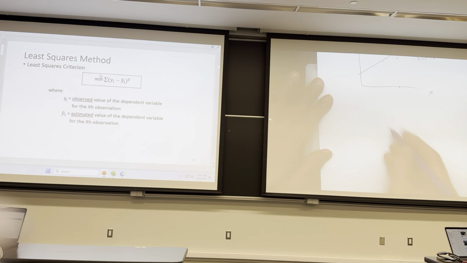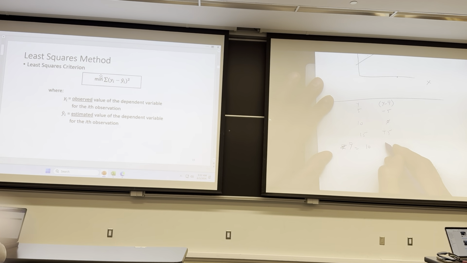Let me give you an example. 5, 10, and 50. The mean, let's call it Y bar, is equal to 10. Now, Y minus Y bar: 5 minus 10 is equal to minus 5, 0, plus 1.